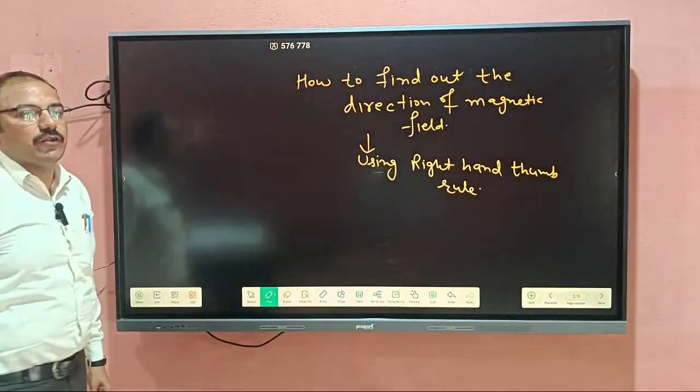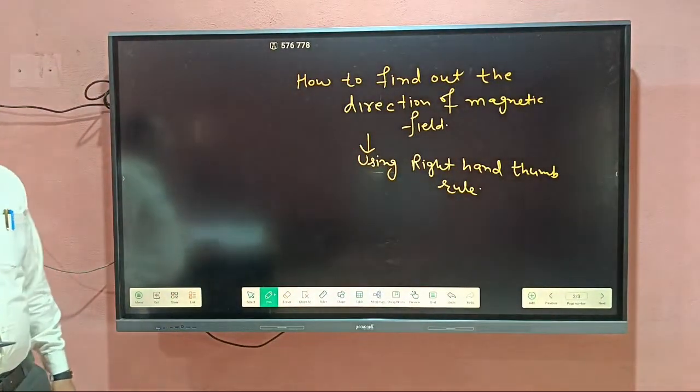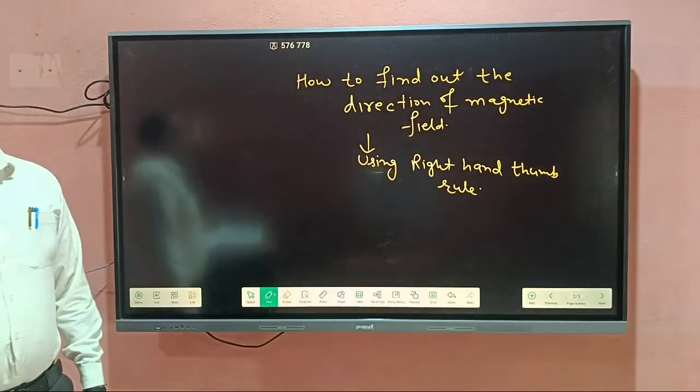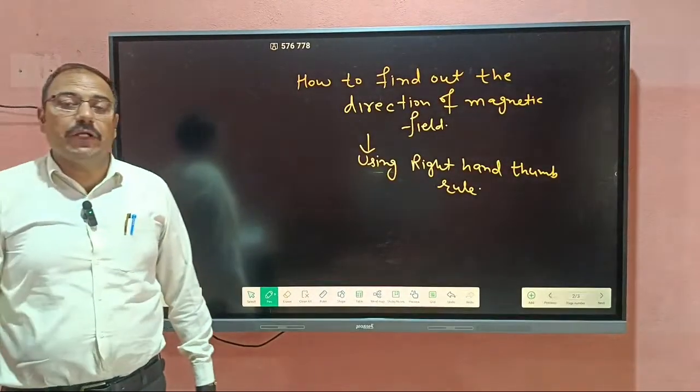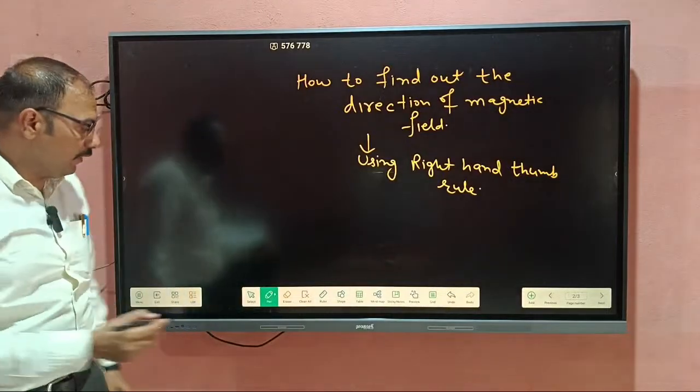So what is the right hand thumb rule? For the right hand thumb rule, we take the thumb to show the direction of the electric current and the fingers give the direction of the magnetic field.